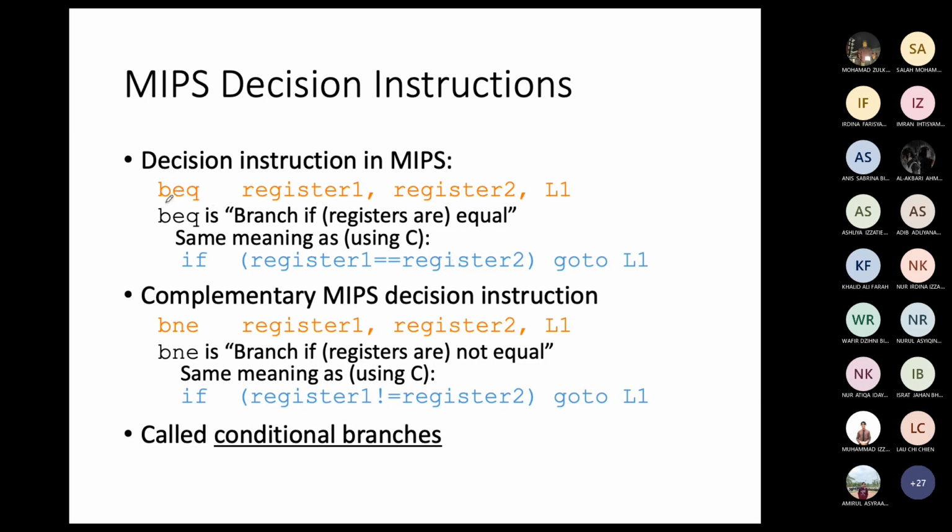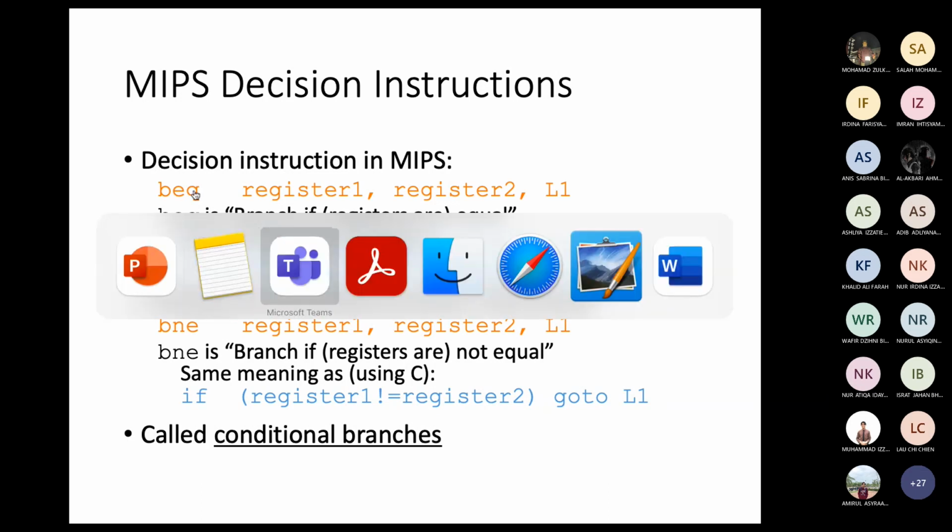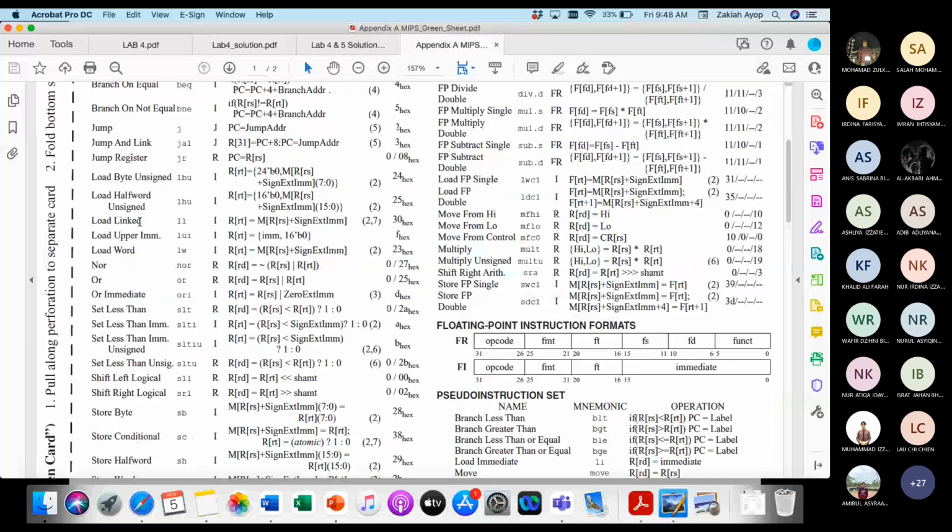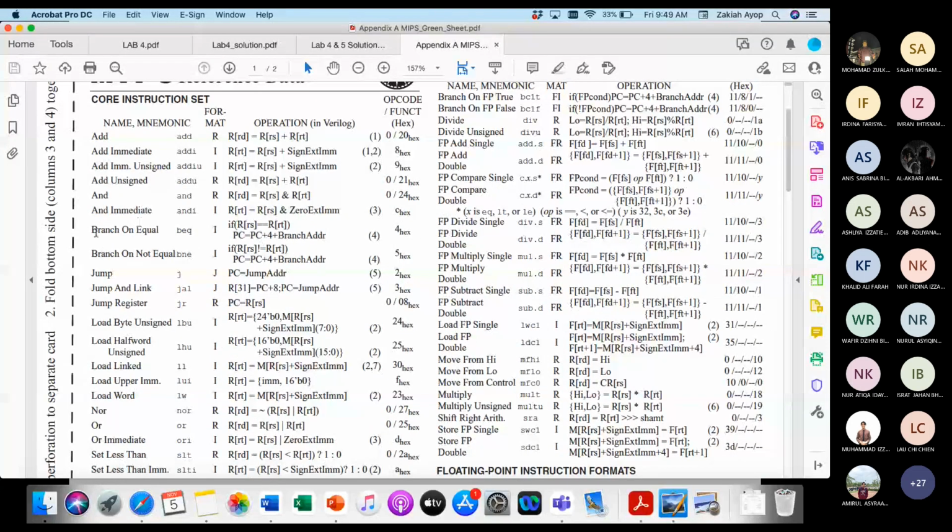The command for compare is B, which means branch, and EQ means equal. So branch equal, branch not equal. You can see the commands used in branch; we have two only.